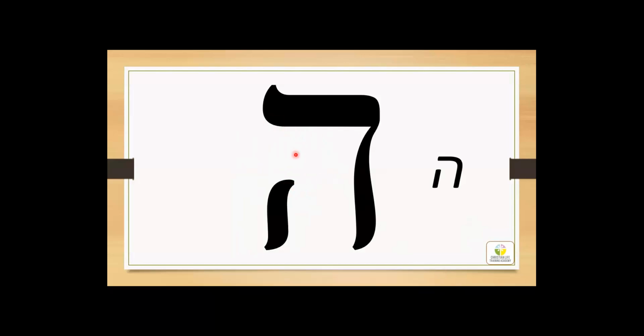Now this H is the definite article in Hebrew, which is the, in a sentence with words. Got it? Is that clear? Is that less confusing?